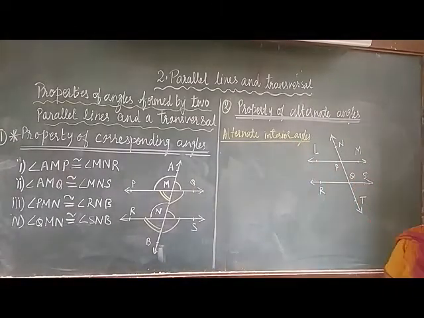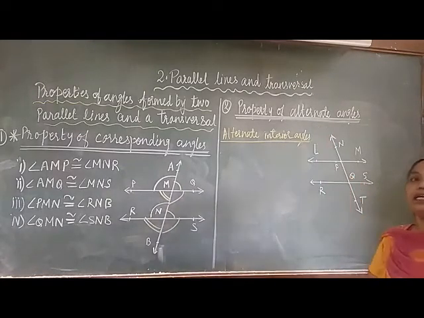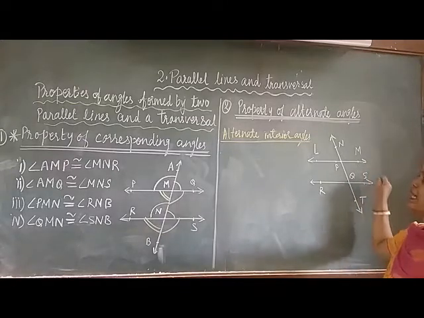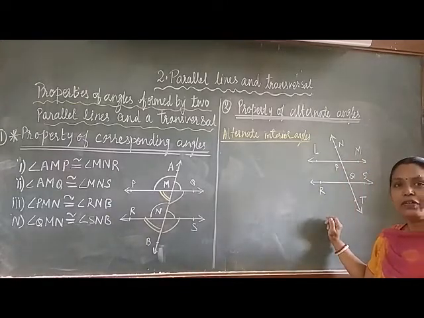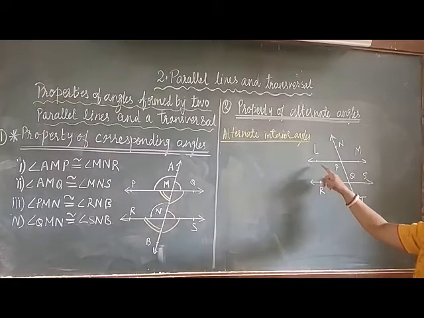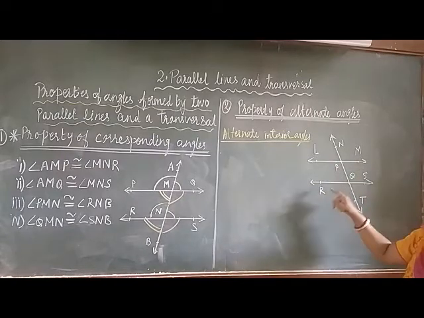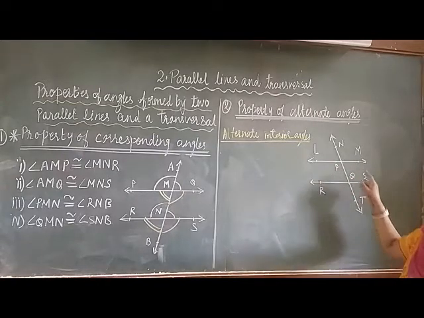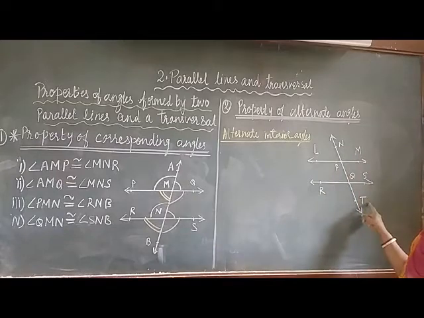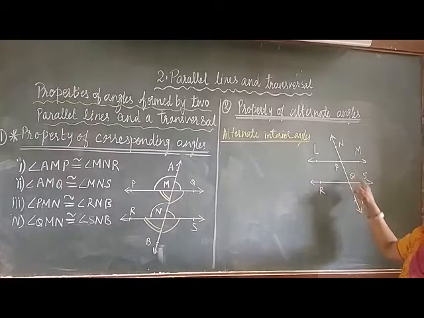Property of alternate angles. According to this property, a pair of alternate angles formed by two parallel lines and their transversal are congruent. Let us see the diagram. In this, line LN is parallel to line RS and line NT is the transversal, and it is intersecting the lines.